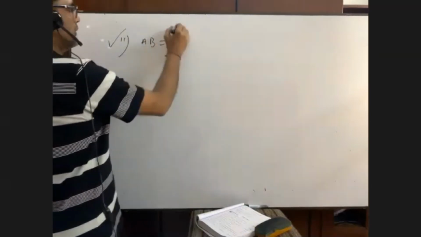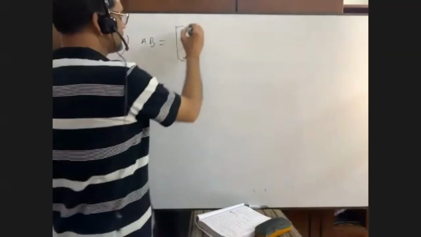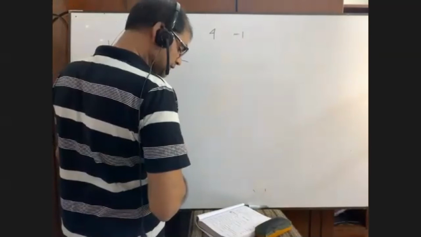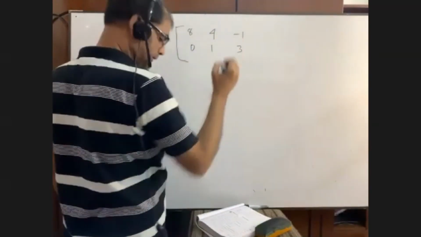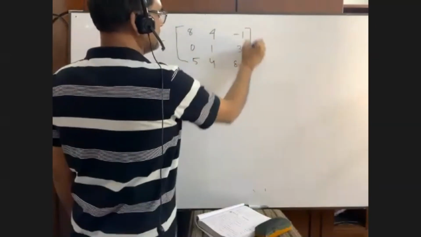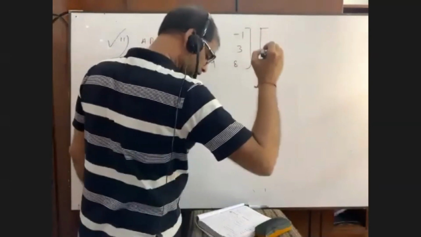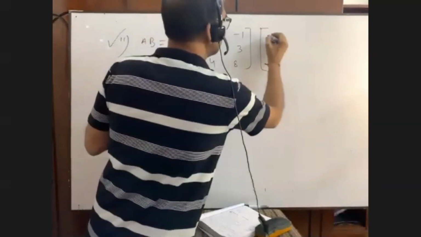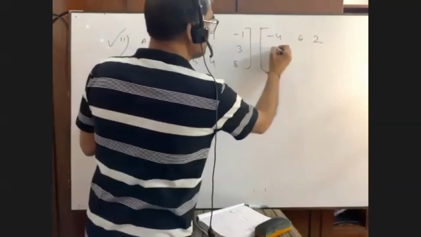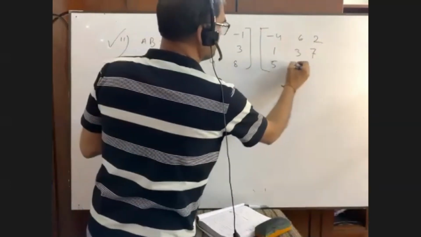AB is equal to 8, 4, minus 1; 0, 1, 3; 5, 4, 8. And B is equal to minus 4, 6, 2; then 1, 3, 7; then 5, 4, 1.